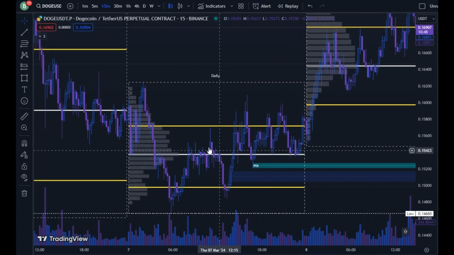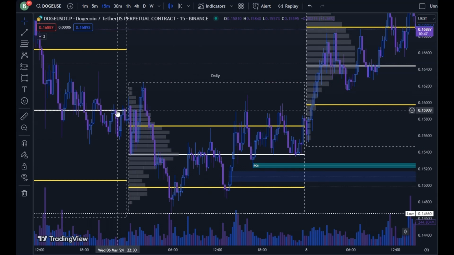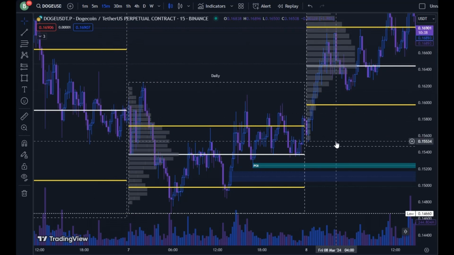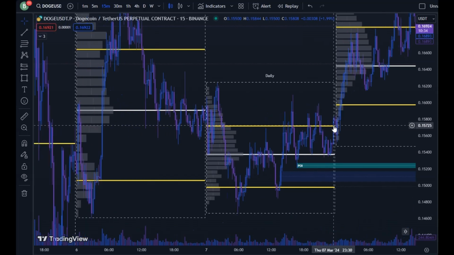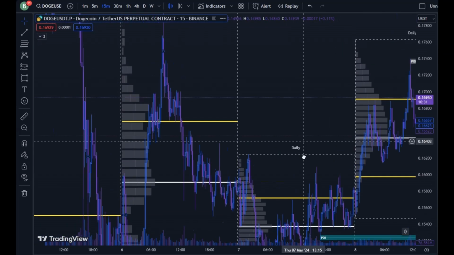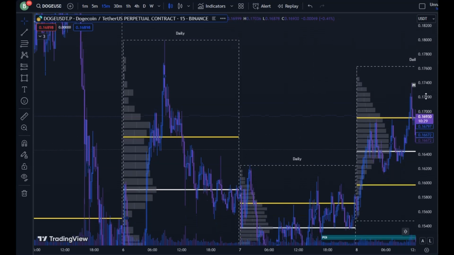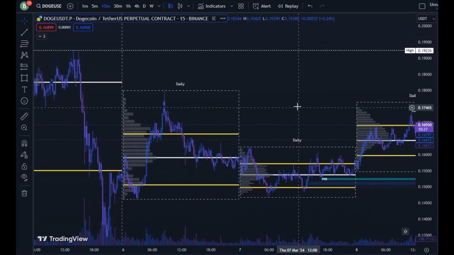So I won't be taking that trade. But it's another example of where price will always come back to the point of control. It is attracted to the point of control.